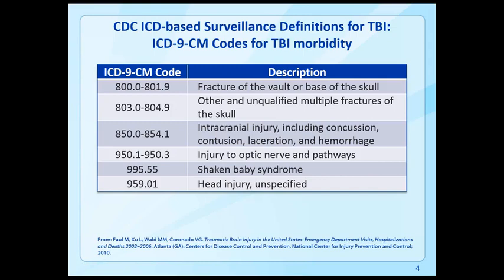And these particular codes are the ones that have been identified to help identify traumatic brain injury. So you can see that they include skull fractures, intracranial injuries, concussions. We've also included some codes for injury to the optic nerve, a specific code for shaken baby syndrome, and then the 959.01, which is head injury unspecified.